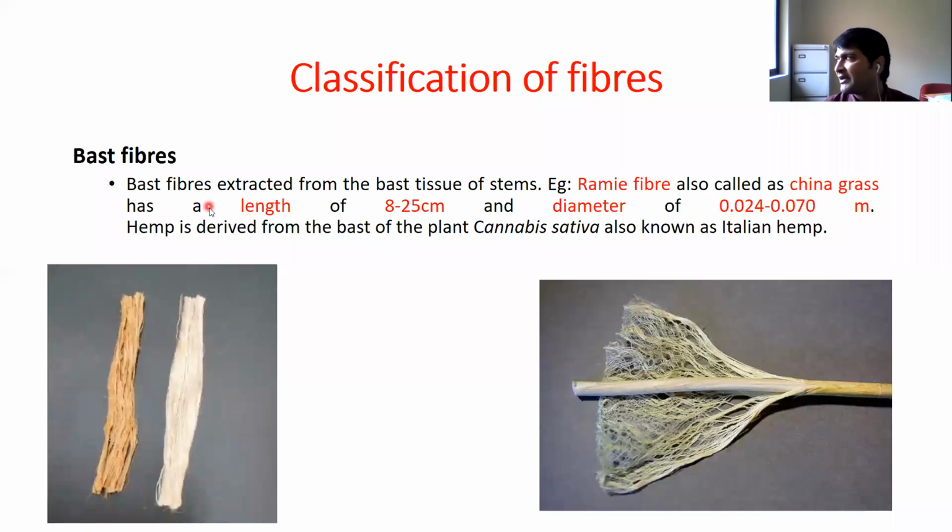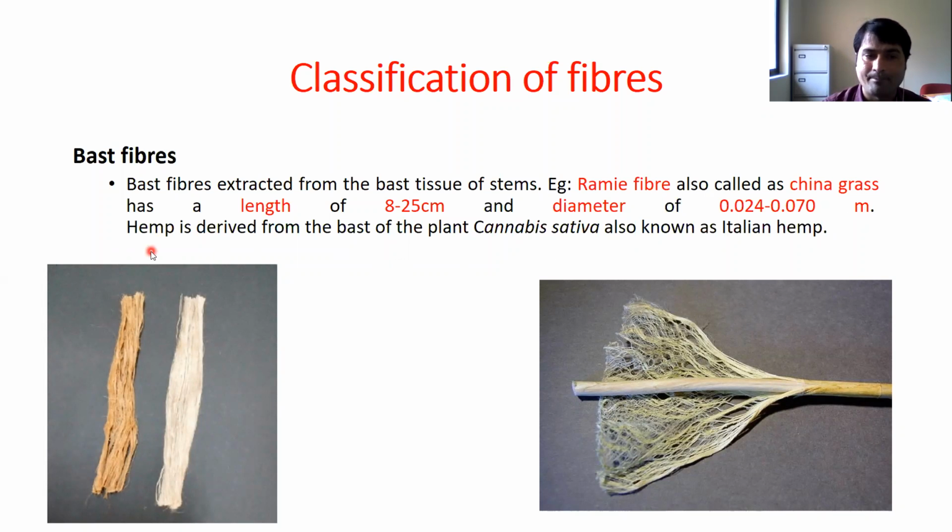So this bast fiber has a length of 8 to 25 centimeter and diameter is 0.024 to 0.070 mm. Here I will do a correction. This is mm. Not mm here, this will be meter only.